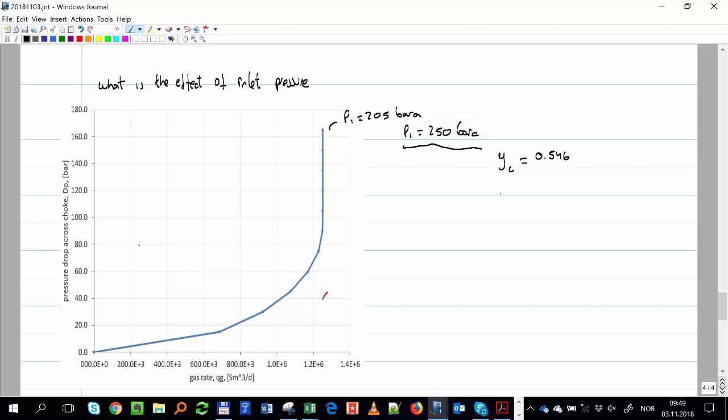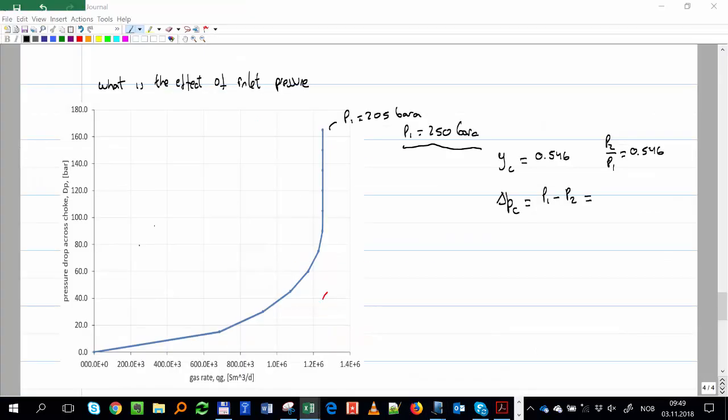So where should we have the critical delta P? The critical delta P is P1 minus P2, right? And we know from here that P2 over P1 critical is 0.546, that's the number we are getting.